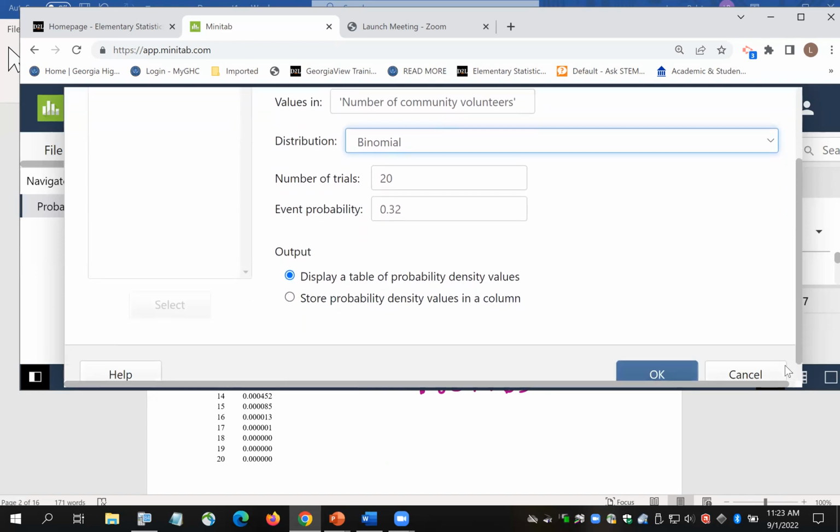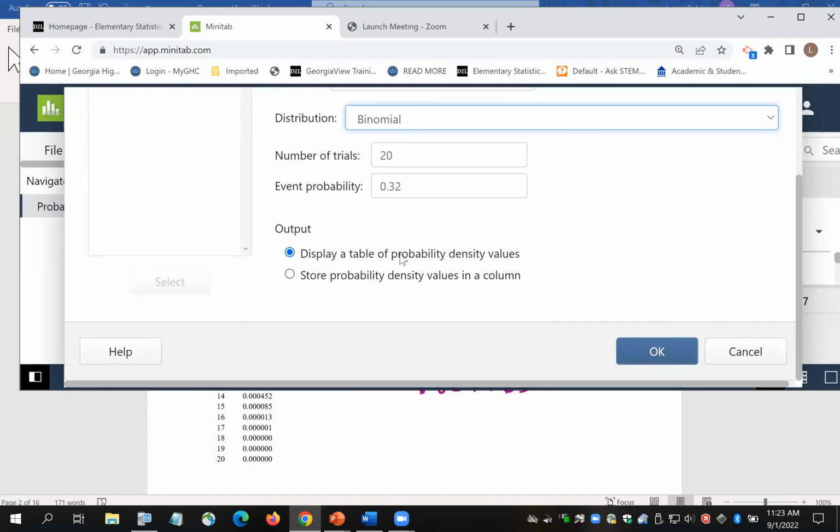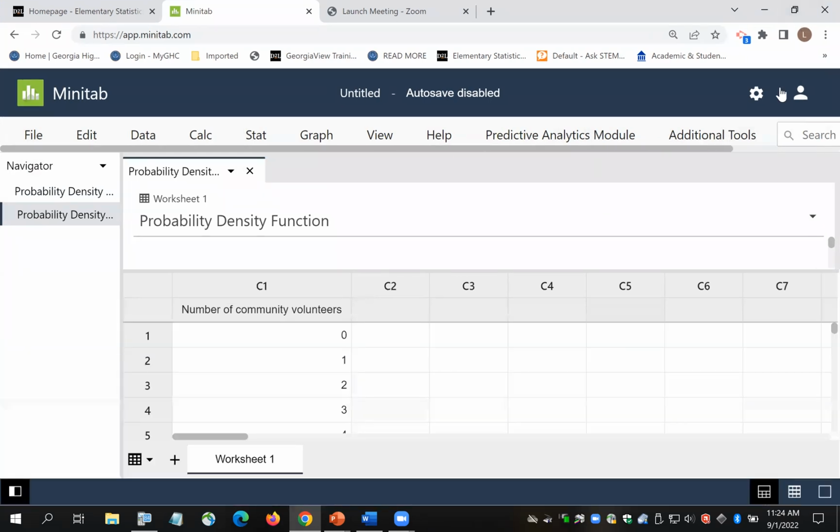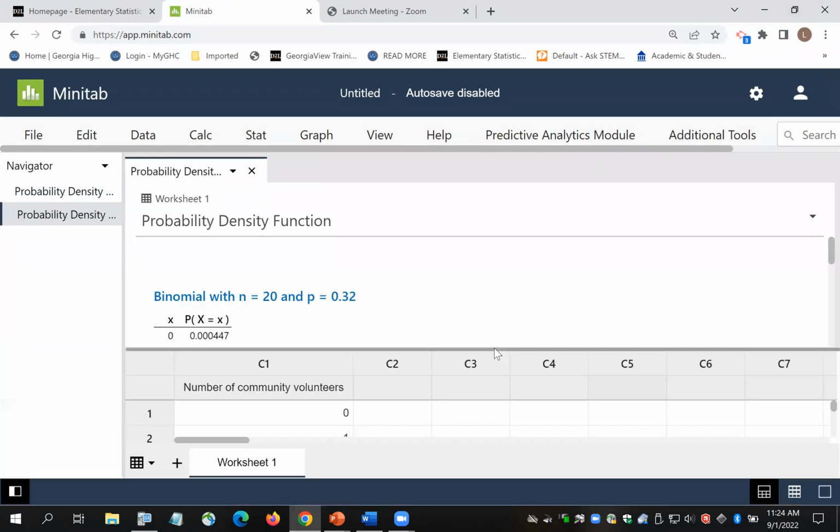And again, I usually use display the table. I've run into issues with Minitab storing them, so I don't usually have it store them. So I display the table and I click OK. And then it gives me that table. It's at the top of the screen.